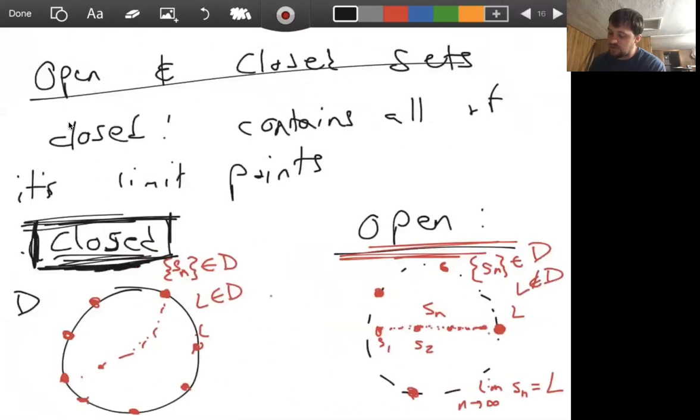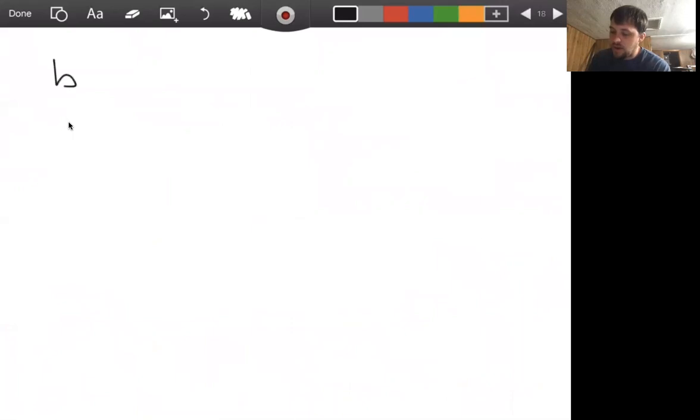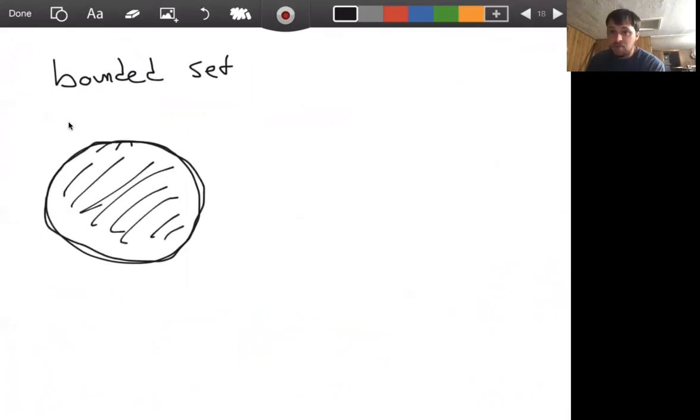And so this is an example of closed and bounded. So a bounded set is something with boundary, right? Here you have boundary on like a disk.